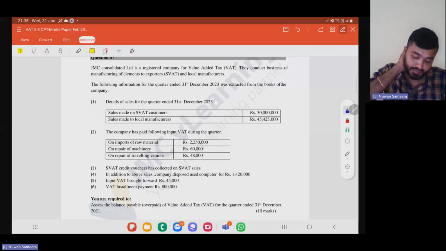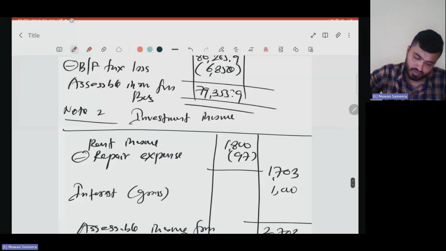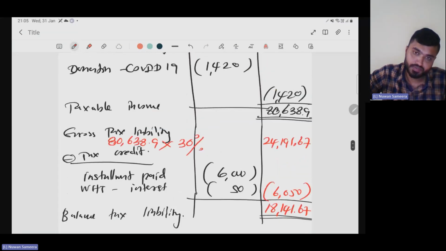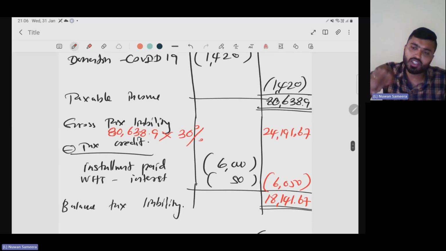Sir, the last 30% we use when finding the gross tax liability part, was it like the 6%, 12%, 18% one? That is only applicable for individuals. So to find the balance part in a company, we have to use 30%, correct? 30% is a flat rate, right? There are two rates, 40 and 30. 40% is for the gain from liquor, tobacco, betting and gambling.